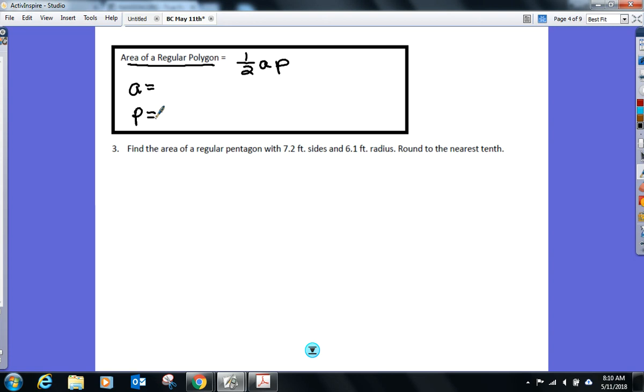What do you think for A? Something we've talked about, I've introduced today. That's the apothem length. And P is going to be tough. Something that starts with P you could find for these polygons.